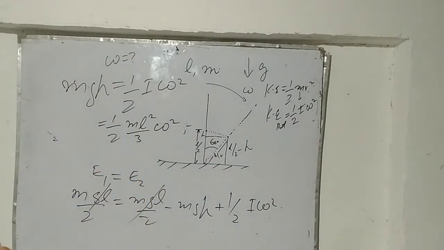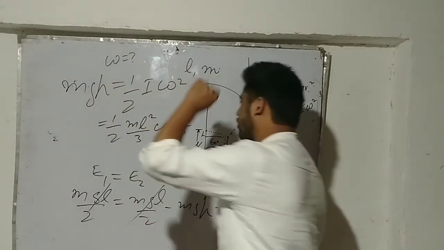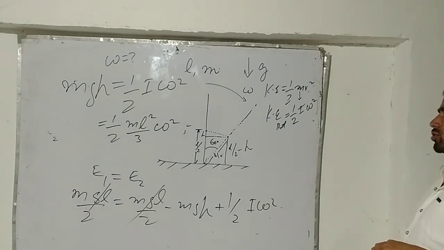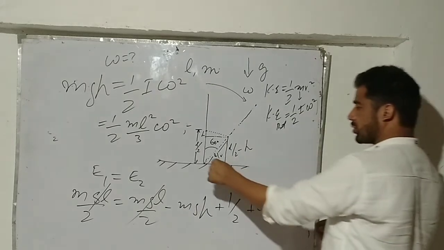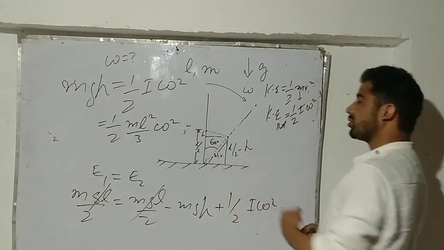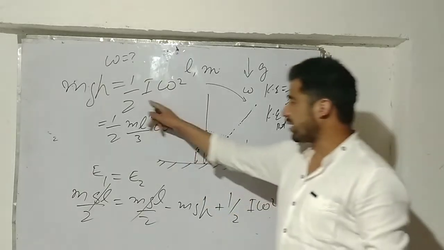Otherwise we can calculate it, it's not a big deal, but to save time I'm directly going to use this result. To know the rotational effect about this pivoted end, it's better to use the theorem of parallel axis.